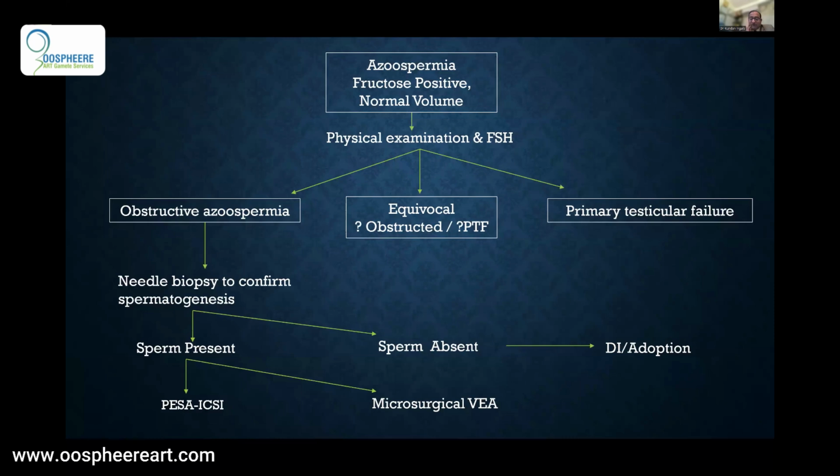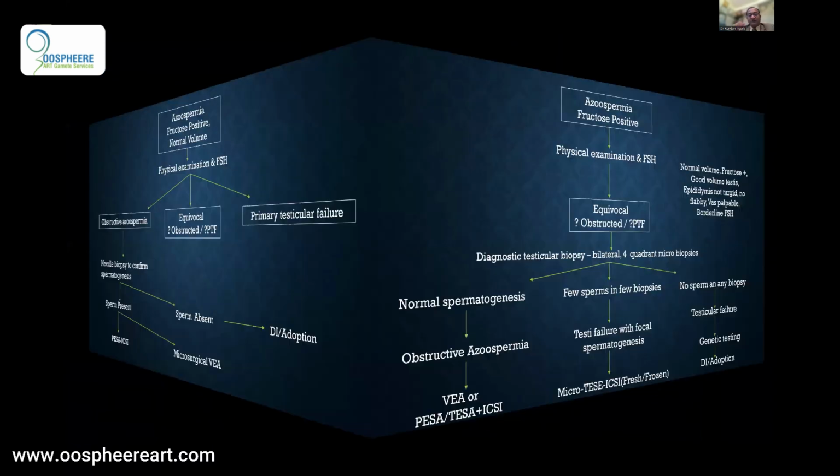If sperms are present in what you retrieve by PESA, you can do PESA and ICSI, or you can go for microsurgical repair, that is vasoepididymal anastomosis. But on fine needle aspiration, if you don't find a sperm in obstructive azoospermia, less likely you are going to get anything. This patient may go for donor insemination or adoption.